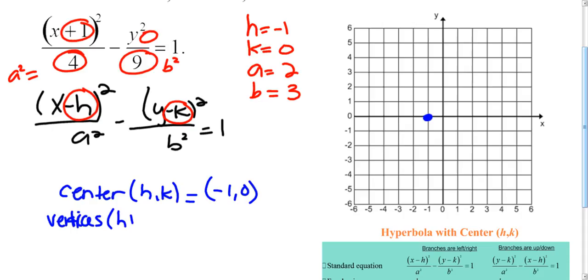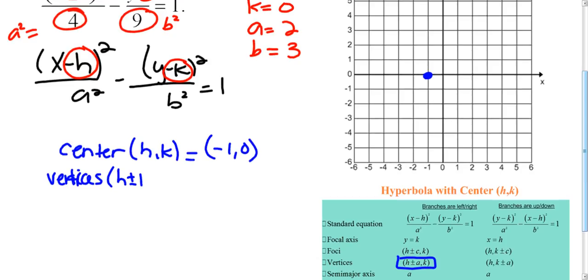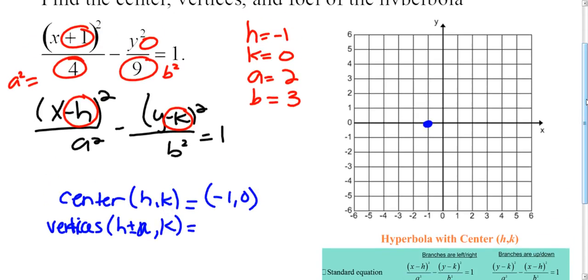So one vertex would be -1 plus 2, and then 0. So -1 plus 2 is 1. And then your other vertex, h minus a, would be -1 minus 2, which is -3, and then k, which is 0. Okay, so we got that far.